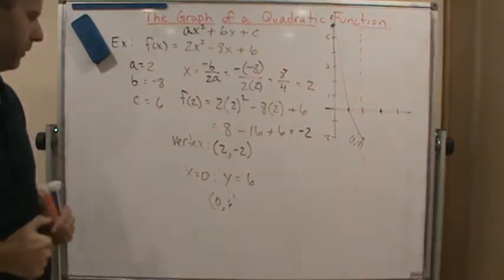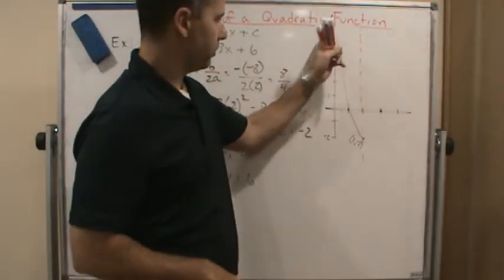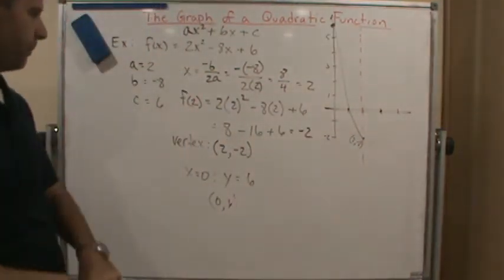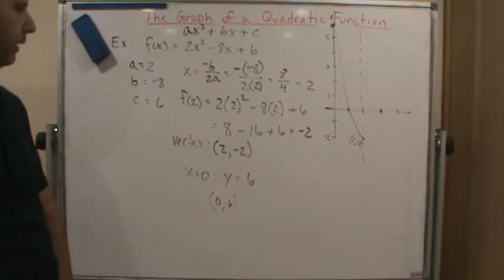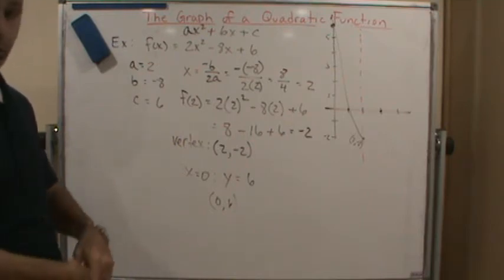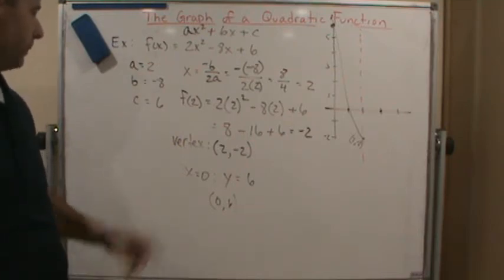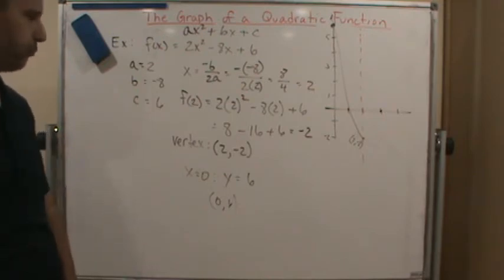That's what we found. And we know that the y-intercept goes through 0 comma 6. And we know that this graph opens upward, because A is positive.